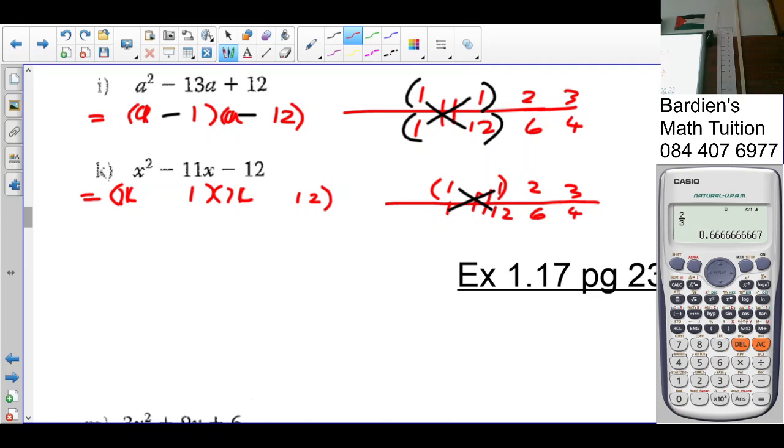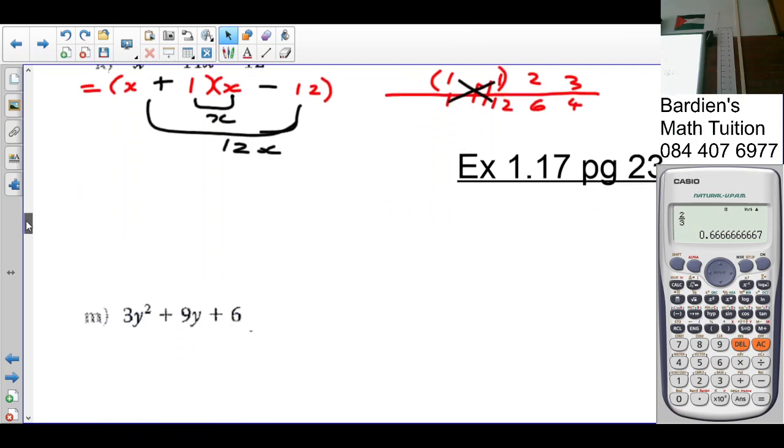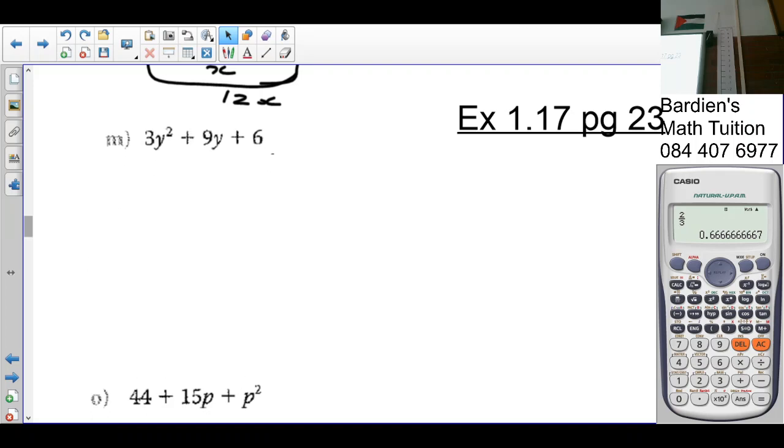Now what about our signs? Plus and a minus. So 1 plus, 1 minus. The bigger product must be minus. So 12 is bigger. Do you guys understand? Let's look at M.